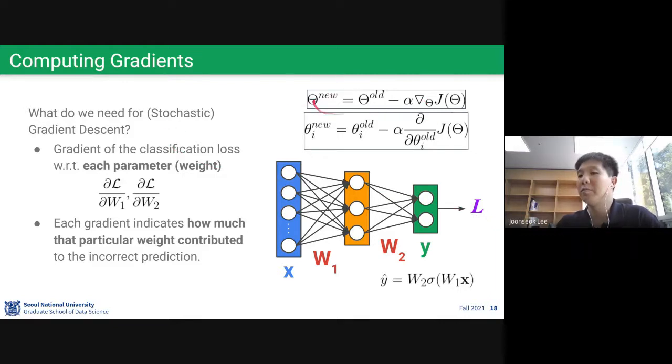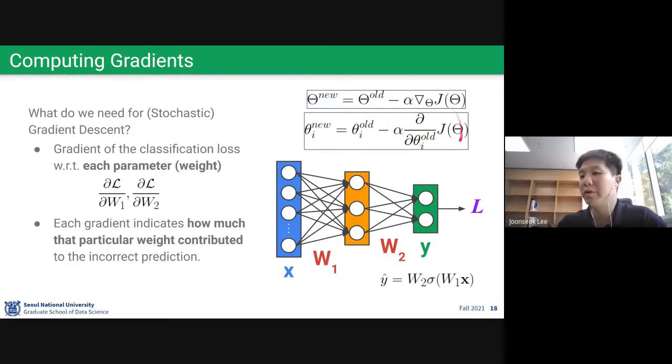You may remember that this was copied from the last lecture. Each parameter value, theta, which corresponds to one value in W, is updated using the loss function, which is L here, by taking the derivative with regards to that particular weight value.